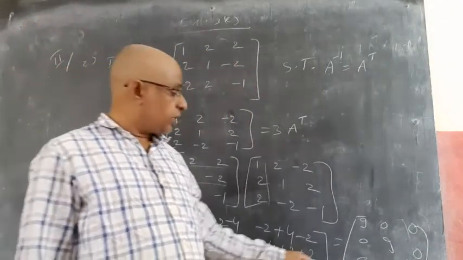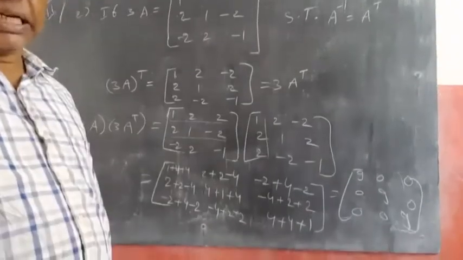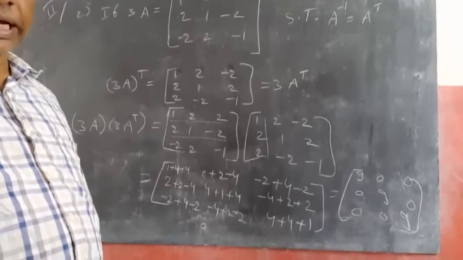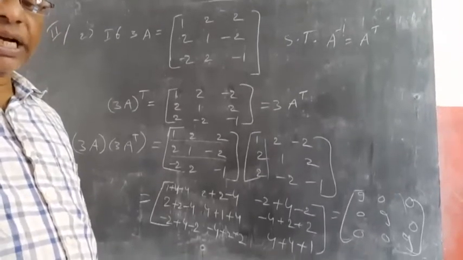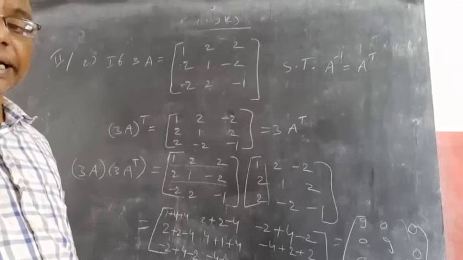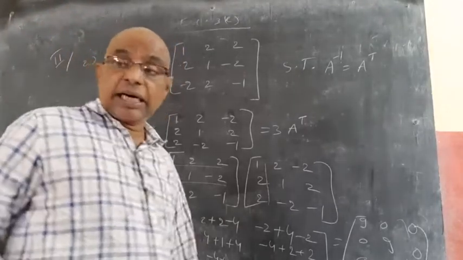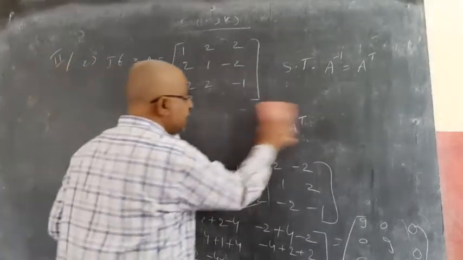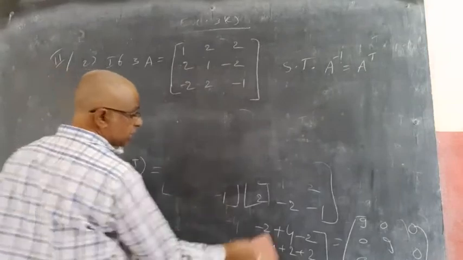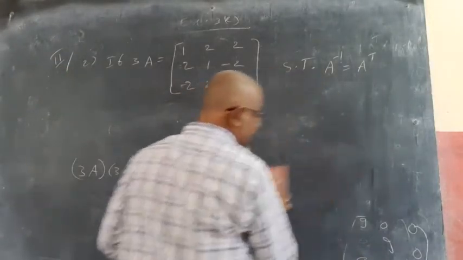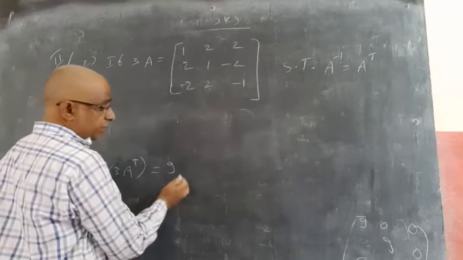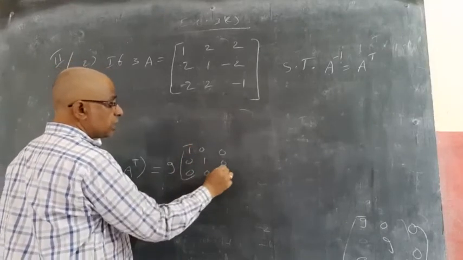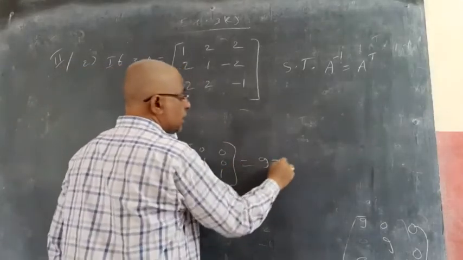If I take 9 common, it becomes 1 0 0, 0 1 0, 0 0 1. It is nothing but 9I.